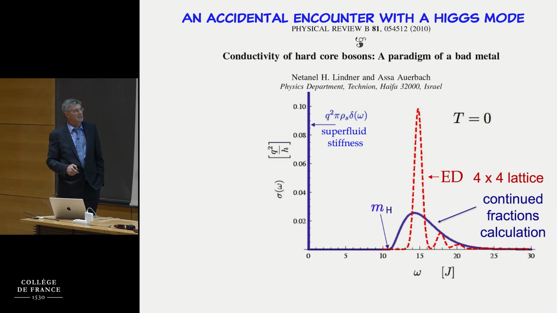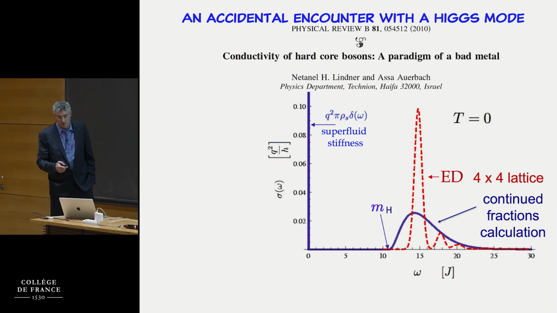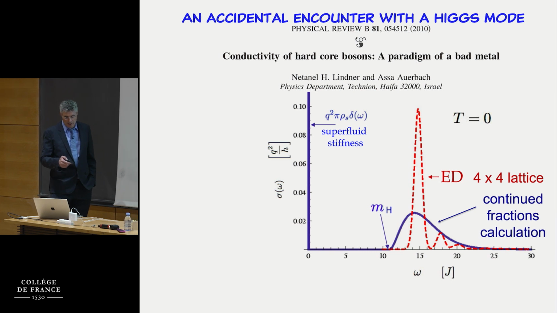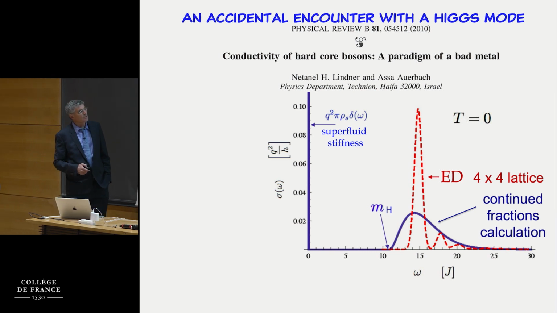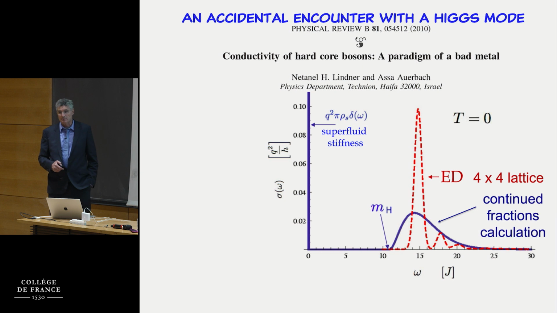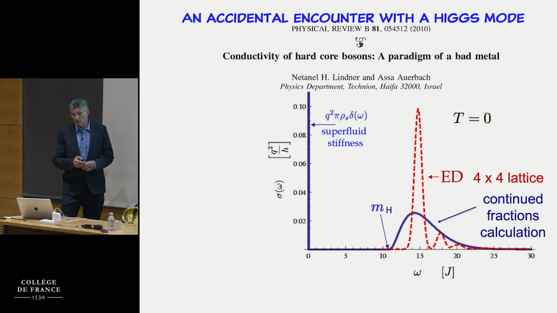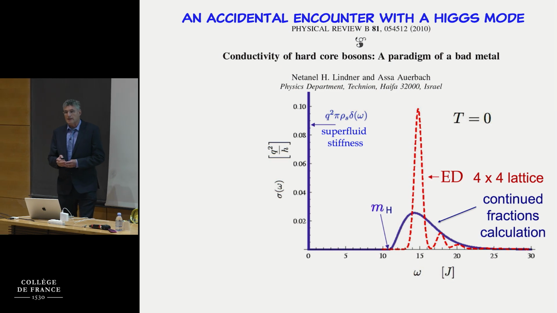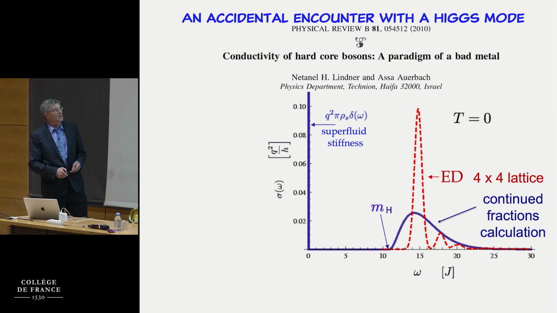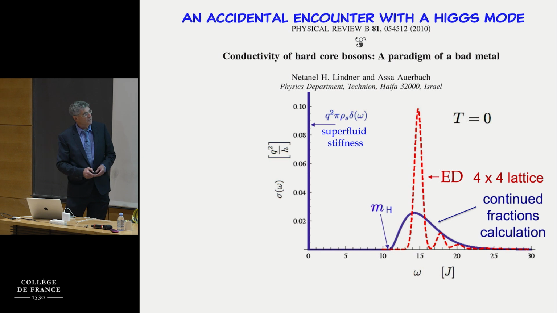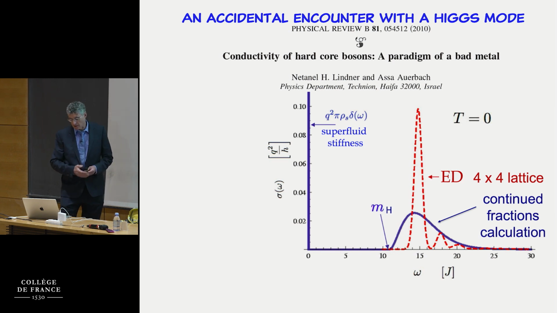So what is this peak that you see in hardcore bosons that you don't see in BCS superconductivity? An idea came to mind that this might be the Higgs mode, and later I'll show that indeed, when one solves this problem, one does associate this with an amplitude mode, and the threshold here is the Higgs mass.